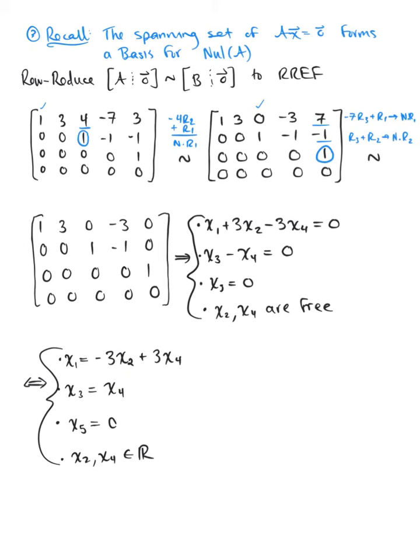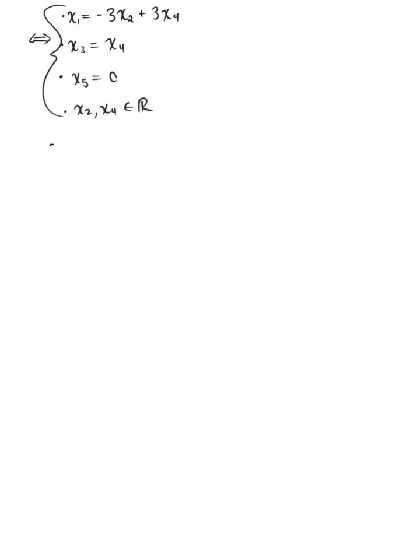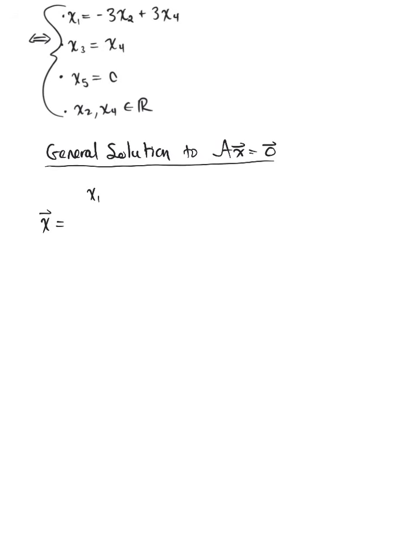So let's rewrite this in the parametric vector form. We can say that our general solution for the homogeneous equation, matrix A times vector x equals a 0 vector. We have vector x is a vector in R5: x sub 1, x sub 2, x sub 3, x sub 4, x sub 5.